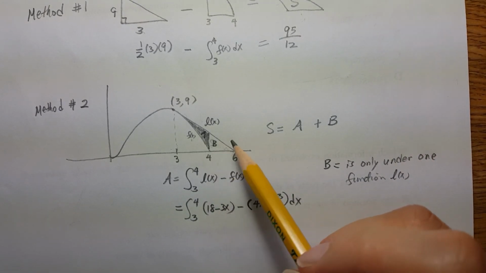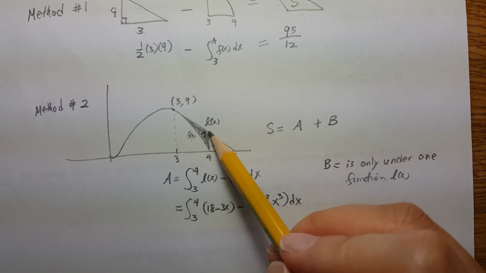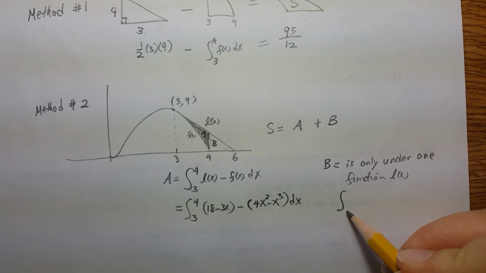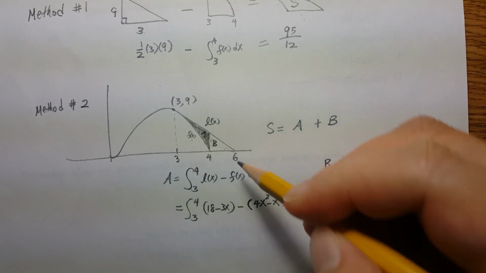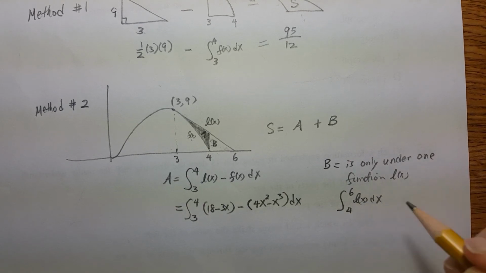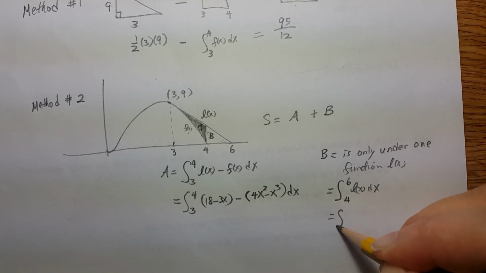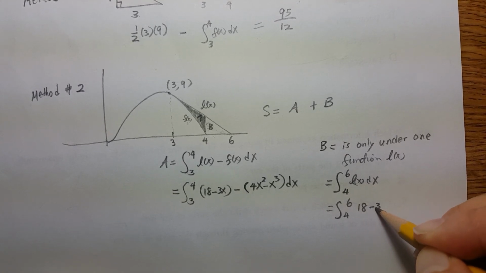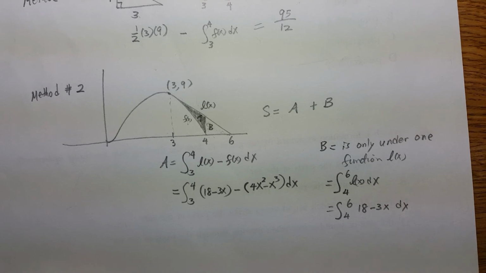You can use the base times height if you want to find out this height over here, but let's use integral. So integral 4 to 6 is only under the line, L of x dx. So therefore it's going to be integral 4 to 6, 18 minus 3x dx.